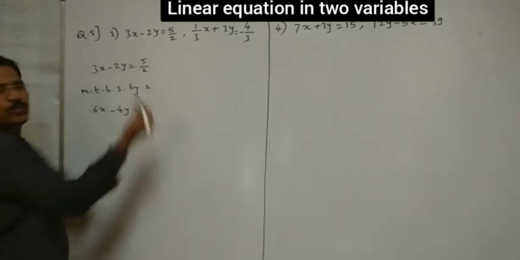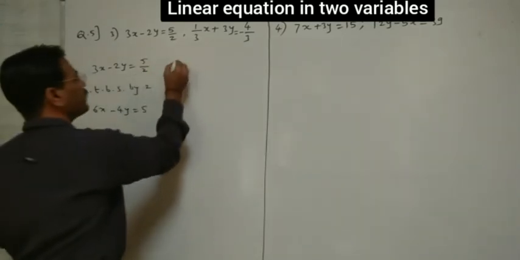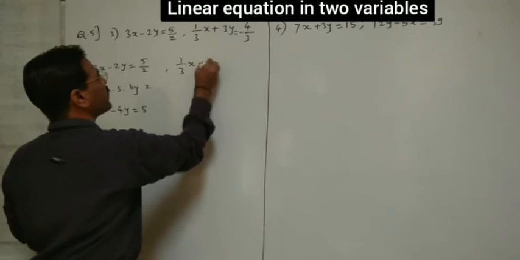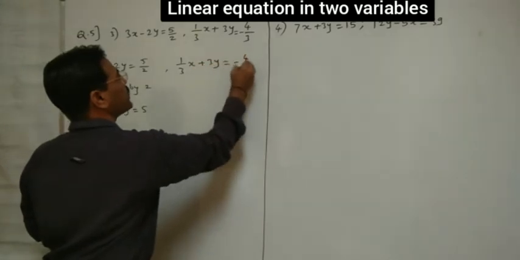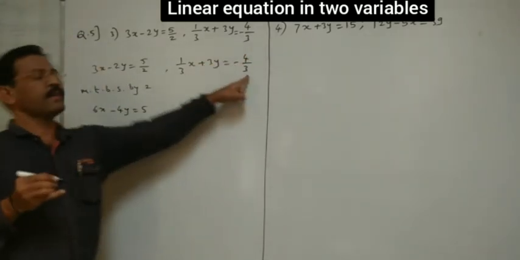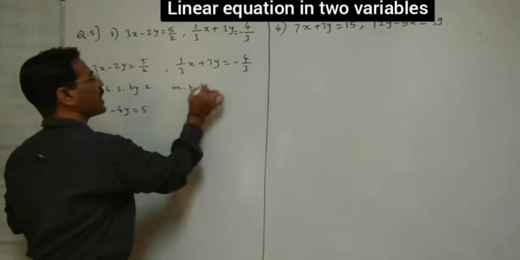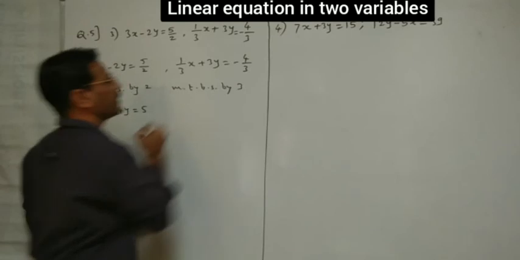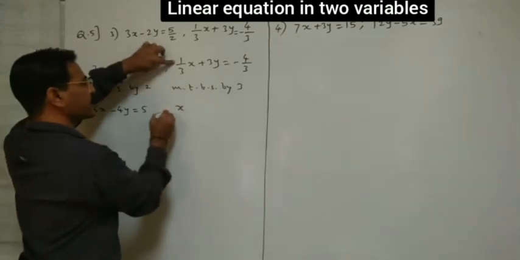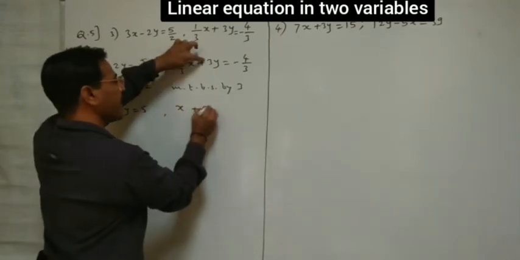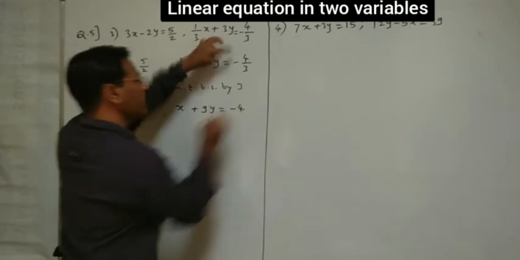After multiplying, this 2 gets cancelled. On this side, 1 upon 3x plus 3y is equal to minus 4 upon 3. This 3 we don't need here. So again multiply both sides by 3. What do you get here? Just x. Here it is 3 threes are 9y, and that side only minus 4.